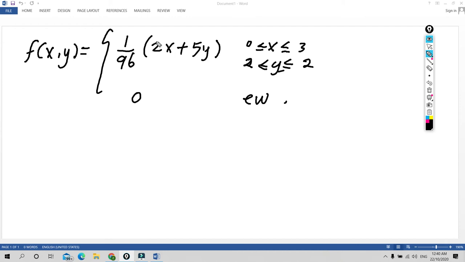Now the next part, I want to show you a few definitions on the joint probability function. There are a few concepts here.